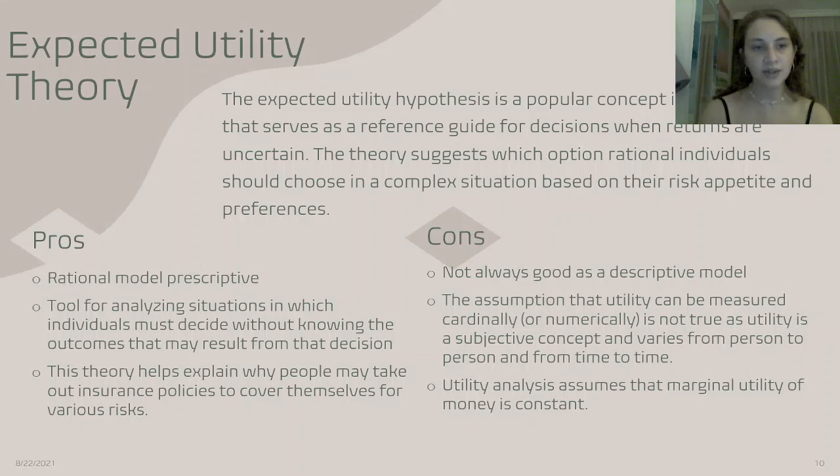Pros of this theory: a rational model perspective, a tool for analyzing situations in which individuals must decide without knowing the outcomes that may result from that decision. This theory helps explain why people may take out insurance policies to cover themselves for various risks.